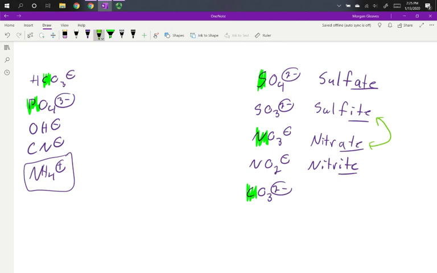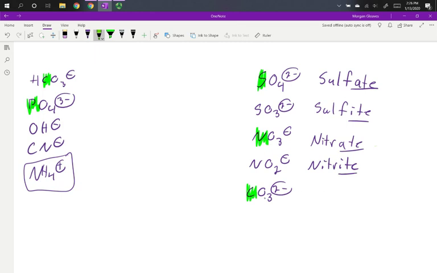And so you can only compare ates and ites within the same other element, within the nitrogens, or within the sulfurs, or within carbons. And so while it's a little bit of help, in the end, really we have to just memorize these 10. Ate and ite tells you it's polyatomic, and that it's negative, but we have to remember which one is which.